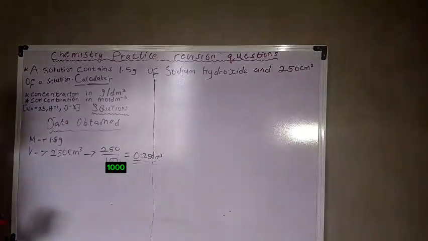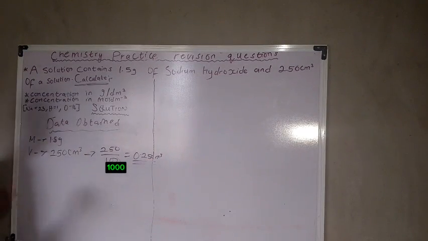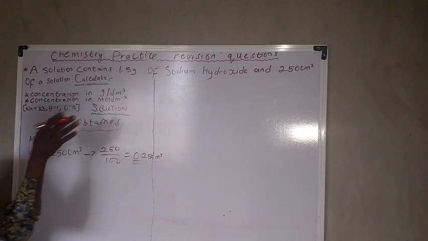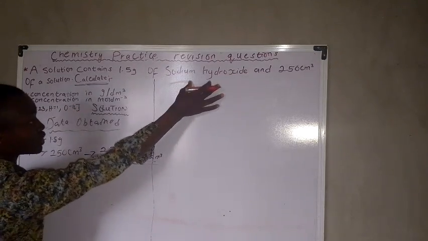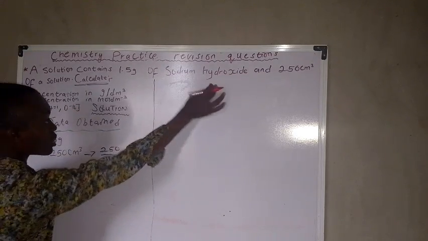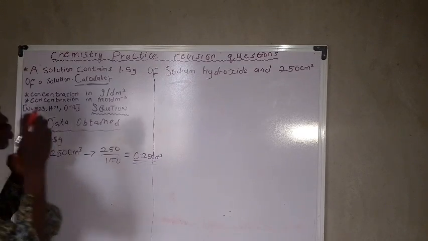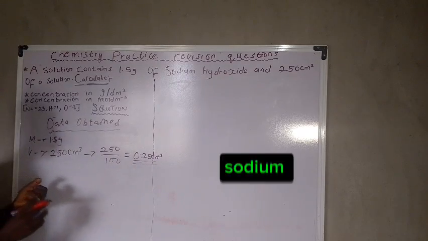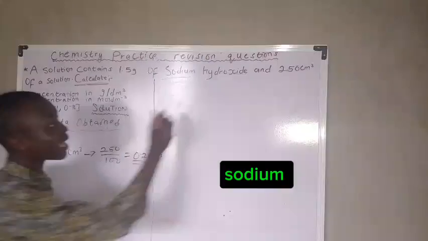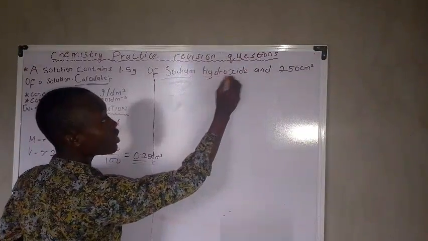Okay, now let's solve for our molar mass. Let's fish out our mass. We have sodium hydroxide. It should be noted that sodium hydroxide is a combination of sodium, hydrogen and oxygen.